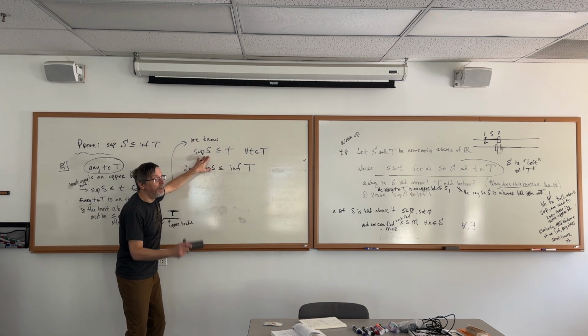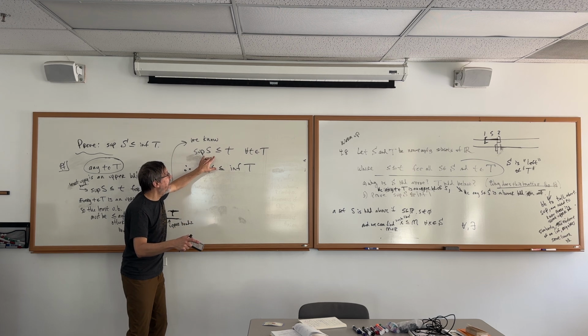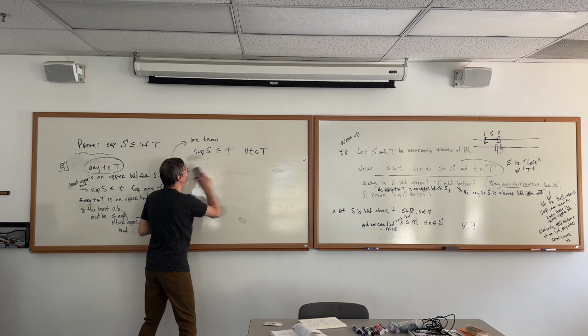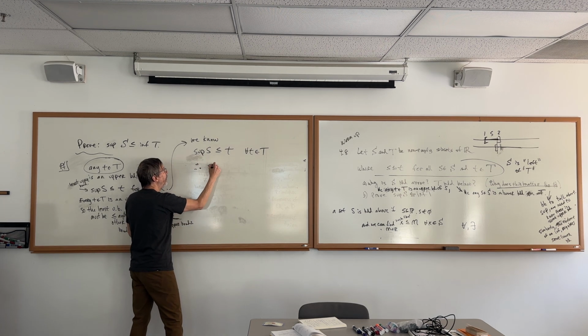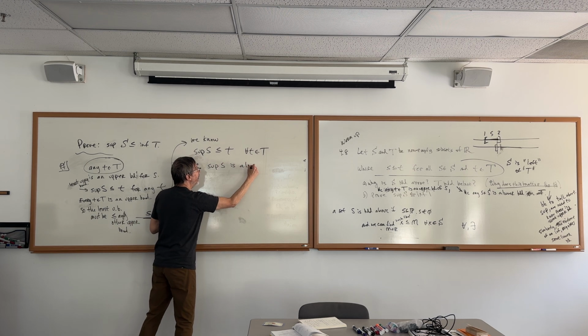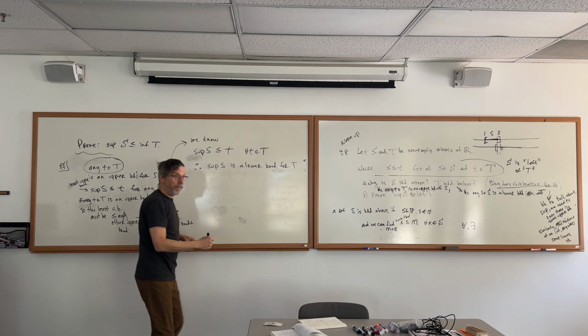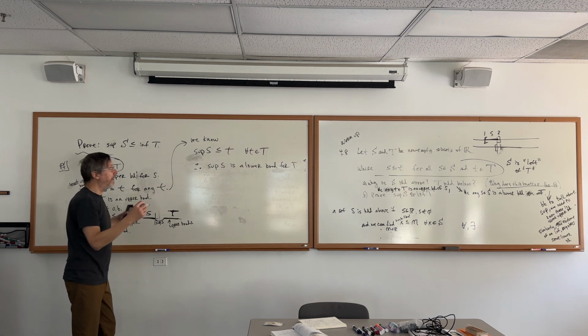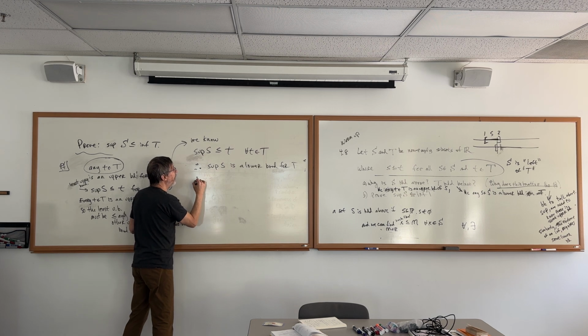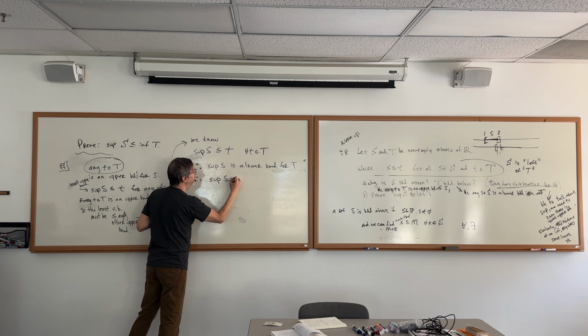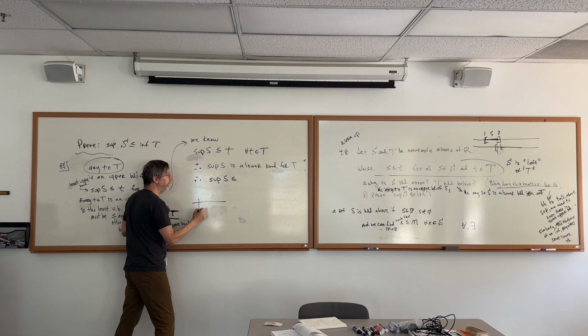So I know that sup of S will work. Sup of S is a what for T? It's a lower bound. So let's actually put this in here. Therefore, sup of S is a lower bound for T. Therefore, sup of S is less than or equal to, so I've got a lower bound for something.